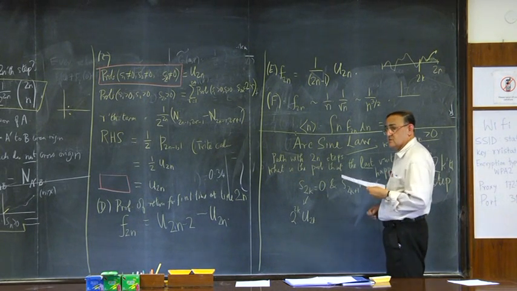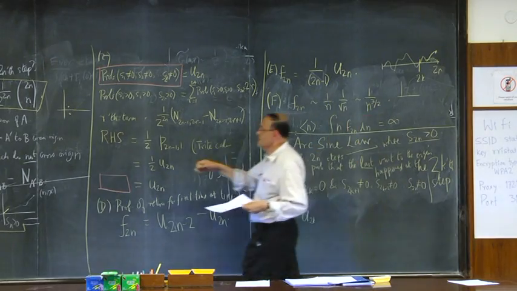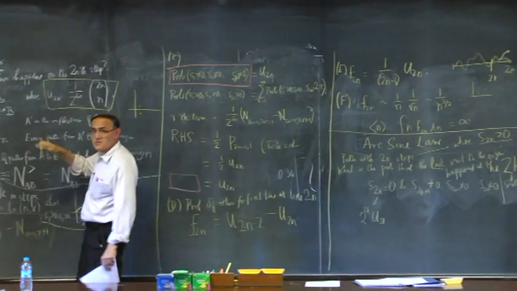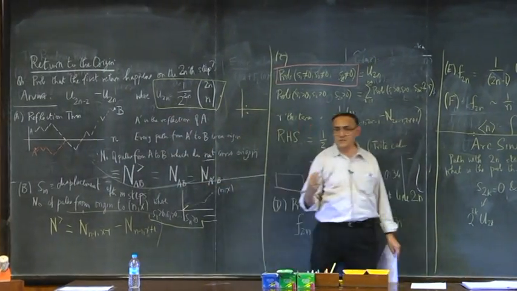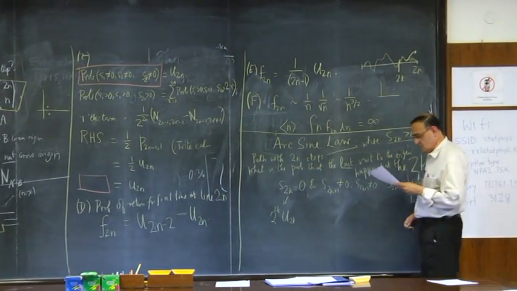No, it's not the first. It could be any return, but look at the meaning of this: in 2n steps, you're back at the origin. That's all. So we use that interpretation. For this one, we'll use the other interpretation.